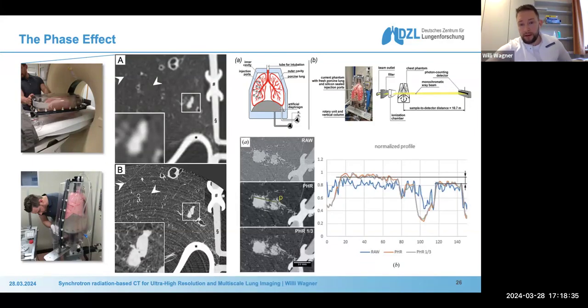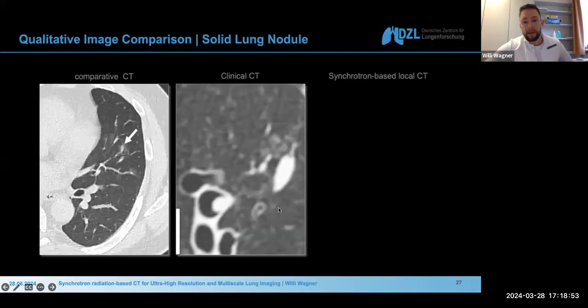We found out that synchrotron CT is very sensitive to small differences in density by injecting different concentrations of iodine-enhanced agarose nodules into the specimen. And we compared different morphologies, so we tried out a little bit to simulate what we are dealing with in the clinics.